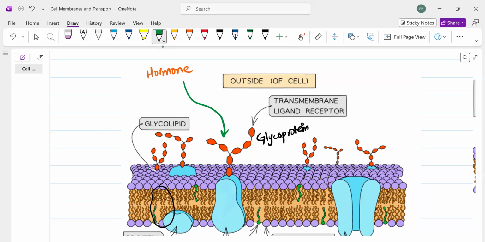Basically, when we talk about receptors, what is a receptor in biology? It receives the signals, for example from a neuron.